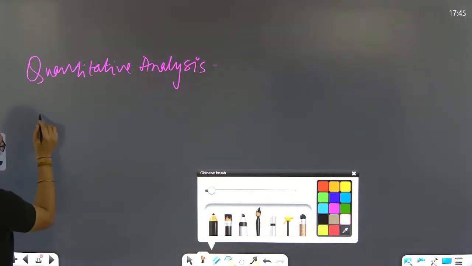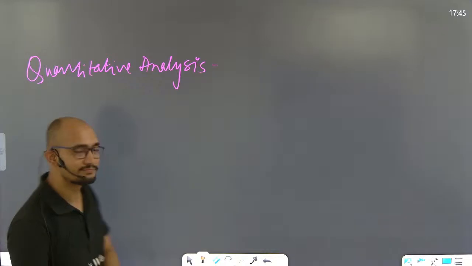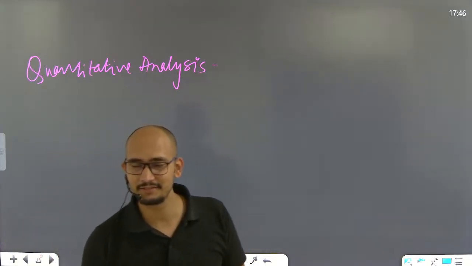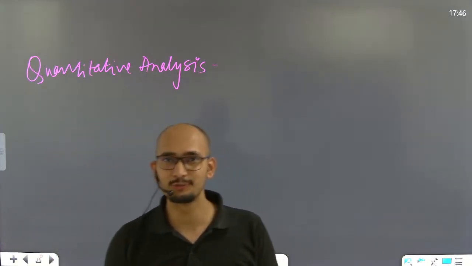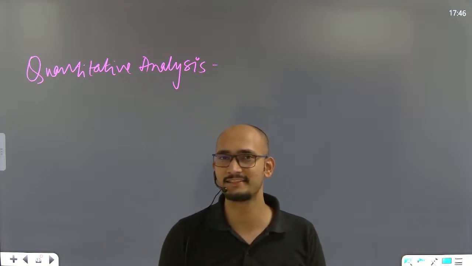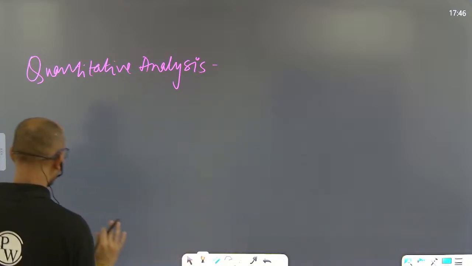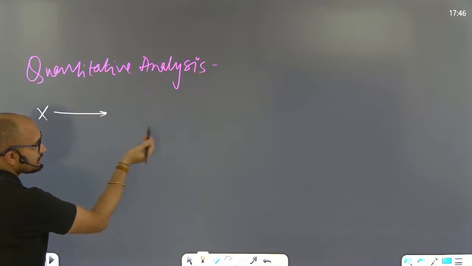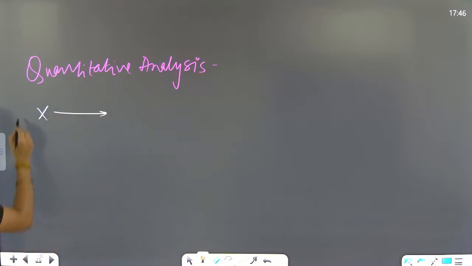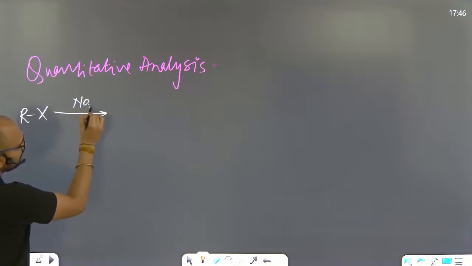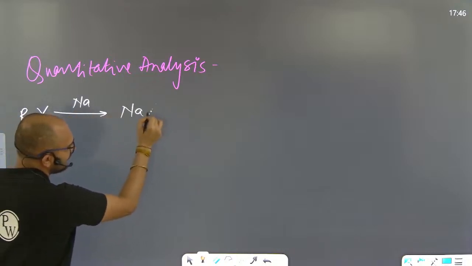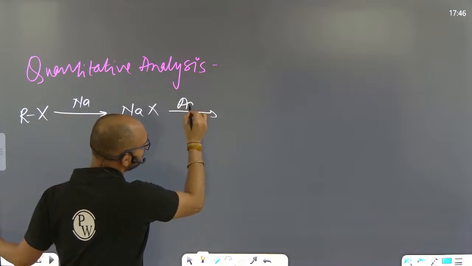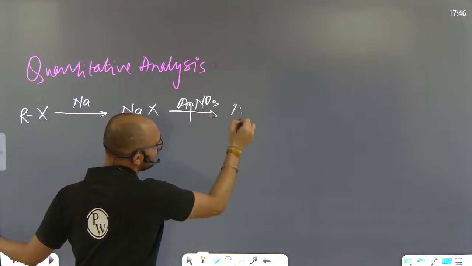See, let's say there is any compound, we have to do Lassaigne's test generally. In Lassaigne's test, we just try to first of all make a sodium extract. In that sodium extract, we just test through different chemicals. So always remember, let's say if there is any halide, so RX, we react with sodium metal to convert into NaX, that is ionic, and after that we react it with AgNO3 to convert into AgX.